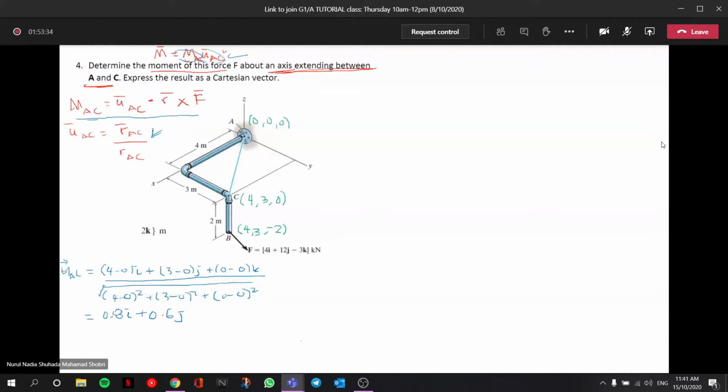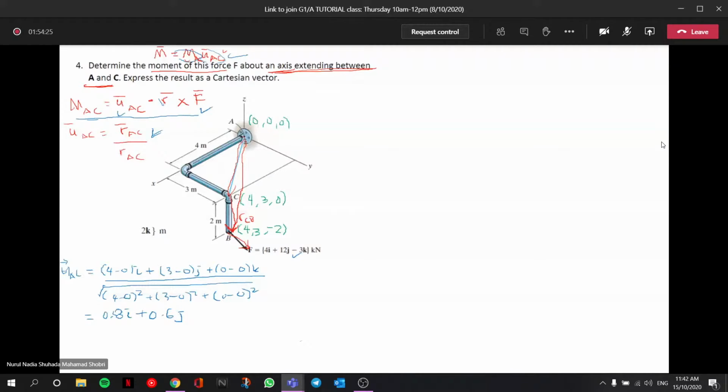For F, we already have the value here, already given, so we don't have to consider this. UAC we already have, and now we have to find the vector R. So which vector R do you need to use? In this case, because it wants the moment about axis A and C here, and your force is around here, the R can be along RCB, or it can be like here, RAB.